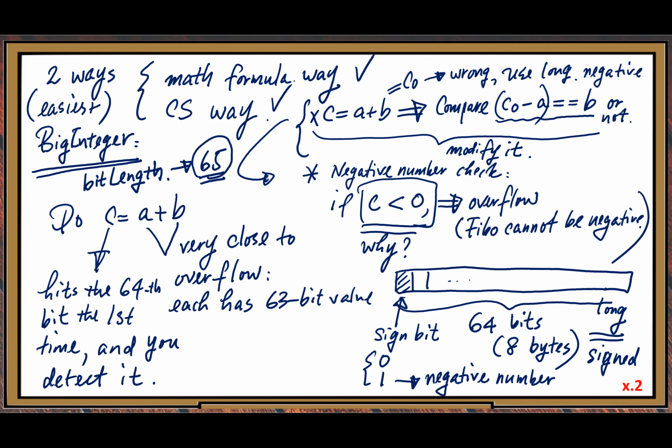Math way, do you feel comfortable doing the math way? When we use the formula, we use double, right? The power function, the log function, all that calculation, we use double.